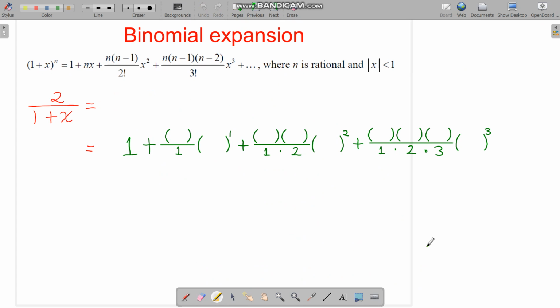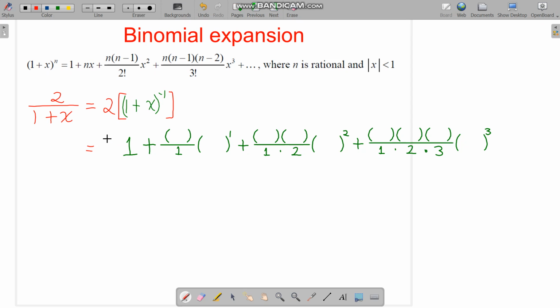So for example, we have 2 over 1 plus x, so we have 2 times the binomial expansion for 1 plus x to the power of minus 1, because it's in the denominator.